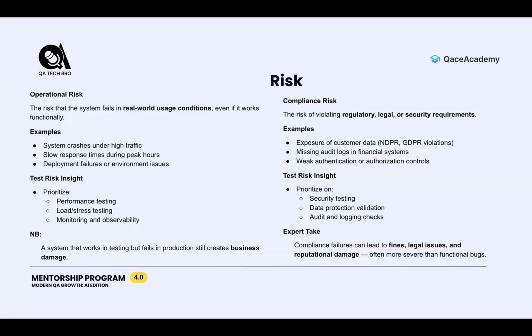These are risks that can have a ripple effect across the application. Basically, you would have a situation where a failure at point A causes a lot of problems. So we also have the compliance risk.